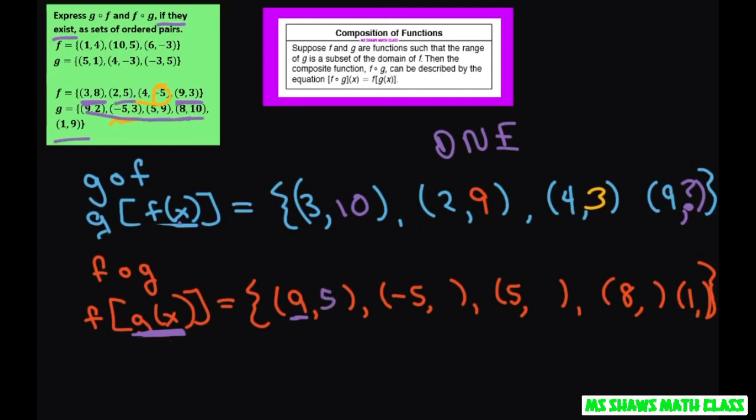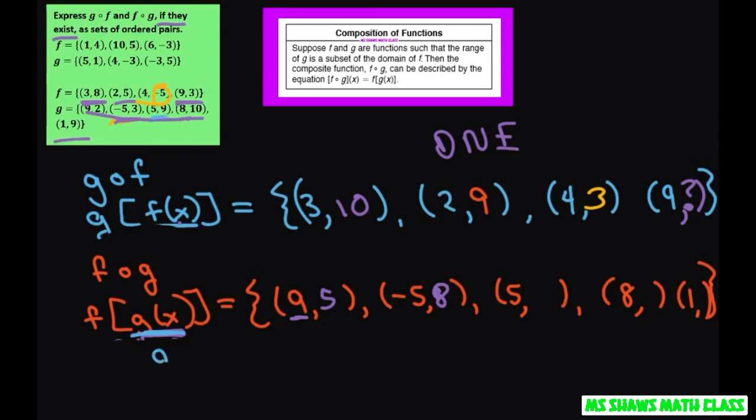All right. Now let's do negative 5. So g of negative 5 is 3. So f of 3 maps to 8. So we have that one. Now the next one is 5. So g again of 5 is 9.